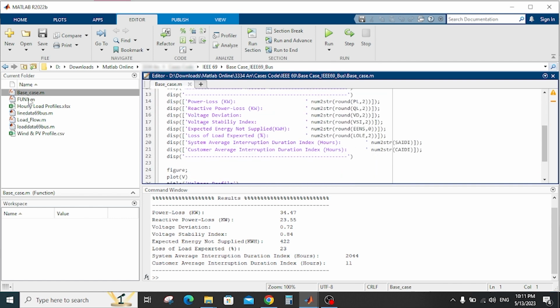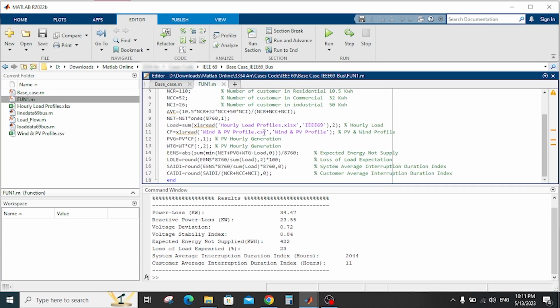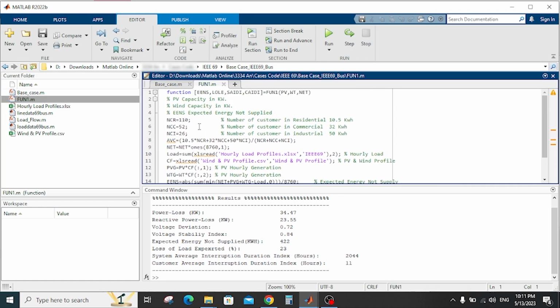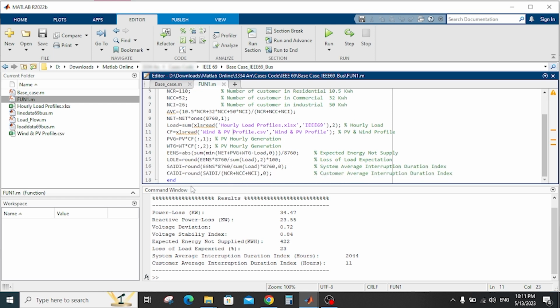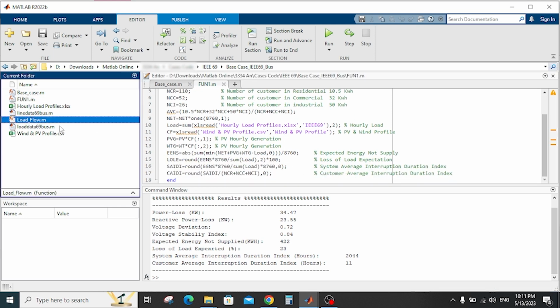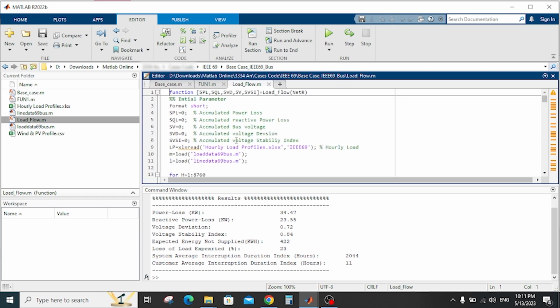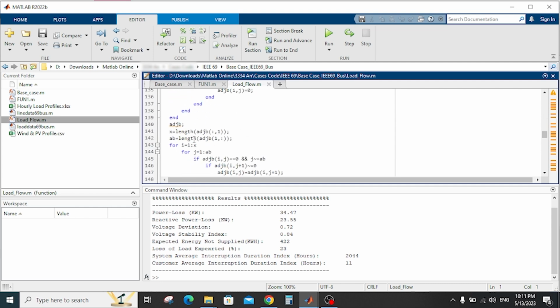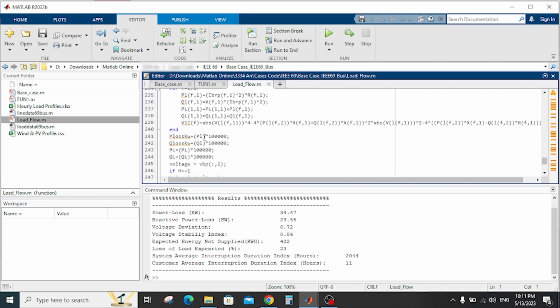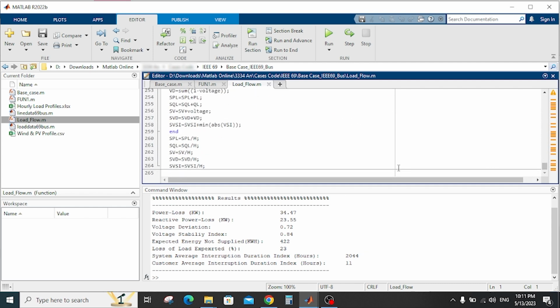The same thing applies to all the functions. To calculate it, we calculated the number of customers, the energy not supplied and the customer average. The load flow is the same, only the system is different, but the methodology is the same. So this is for the base case system.